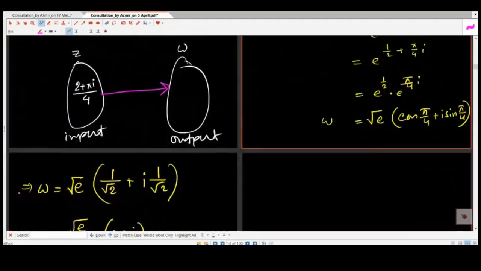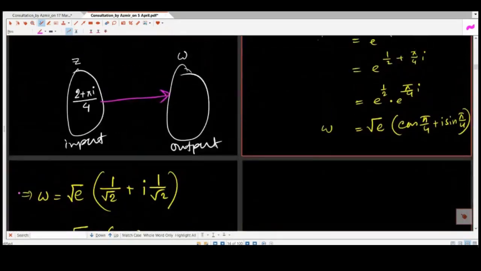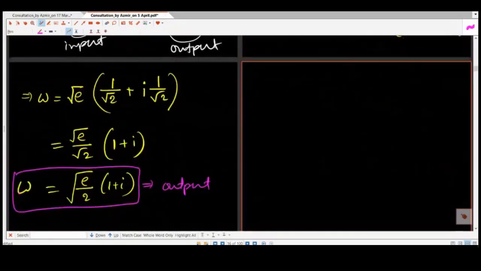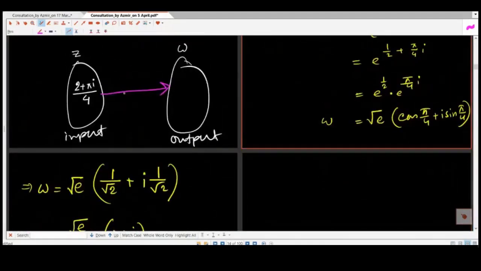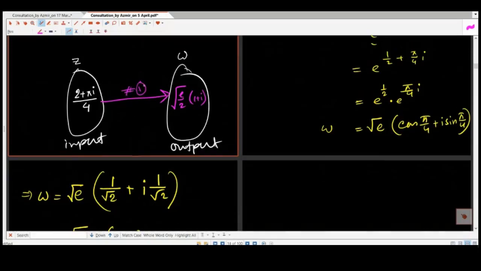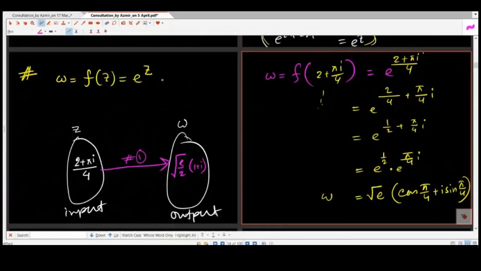So that means e to the z is always a single valued function. So we have square root of e over 2, times 1 plus i. We have found one output. So we can say that e to the z is a single valued function.